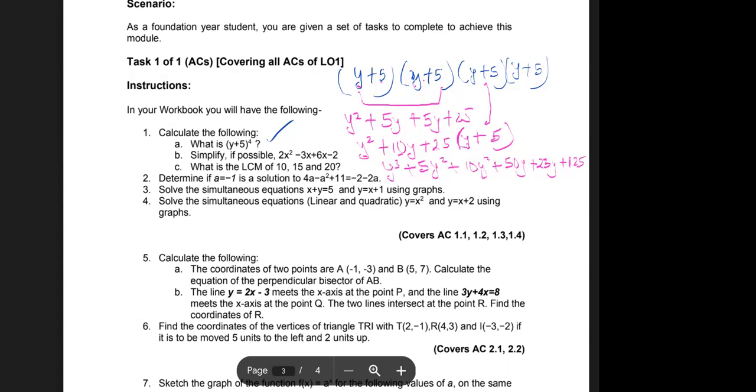So that gives you what? y cubed plus 15y squared plus 75y plus 125.